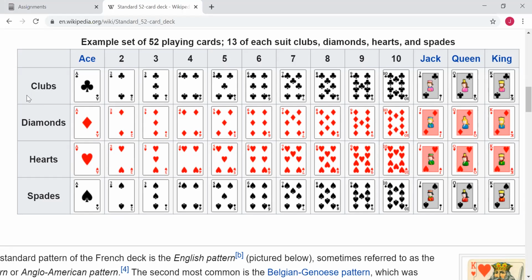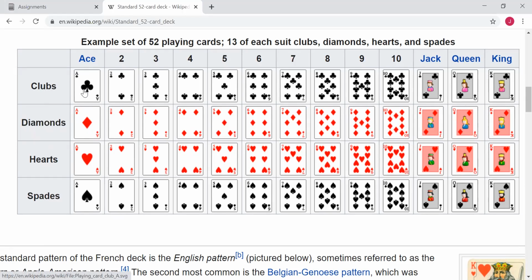There are what are called 4 suits, and the suit is just the symbol that appears on the card itself. You have clubs, diamonds, hearts, and spades. The clubs and spades then are the black suits. The diamonds and hearts then are the red suits. Within a given suit here, you have 13 cards.